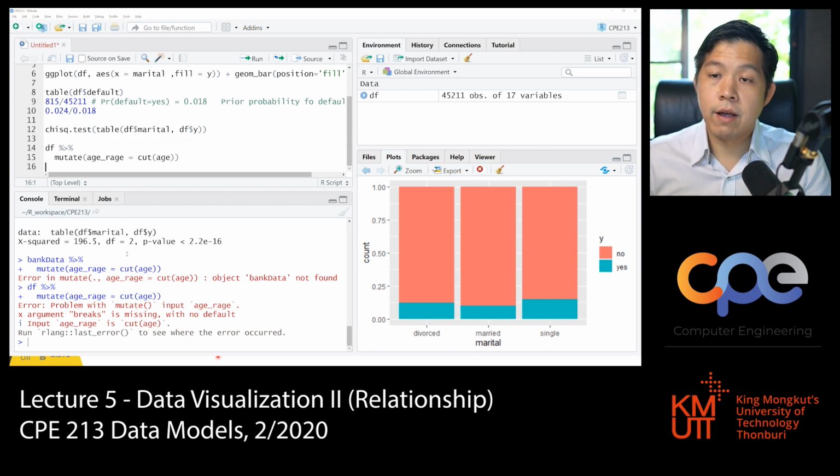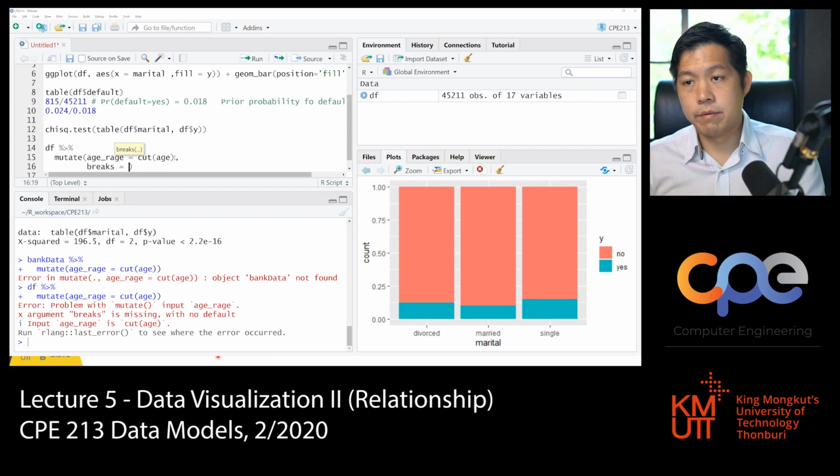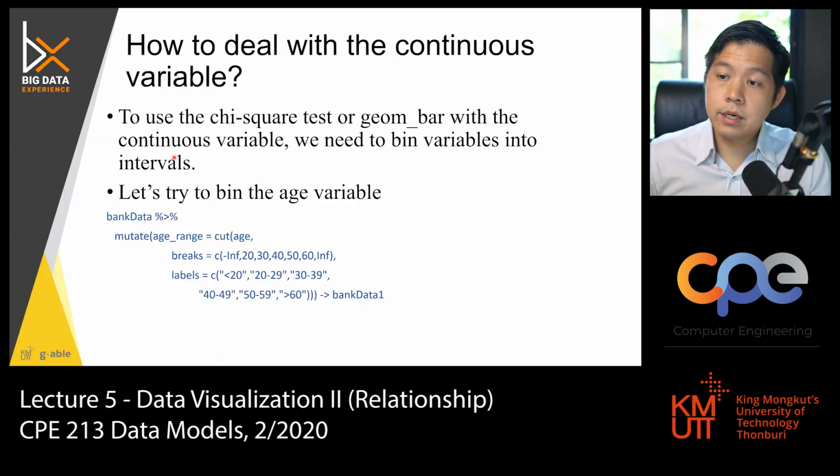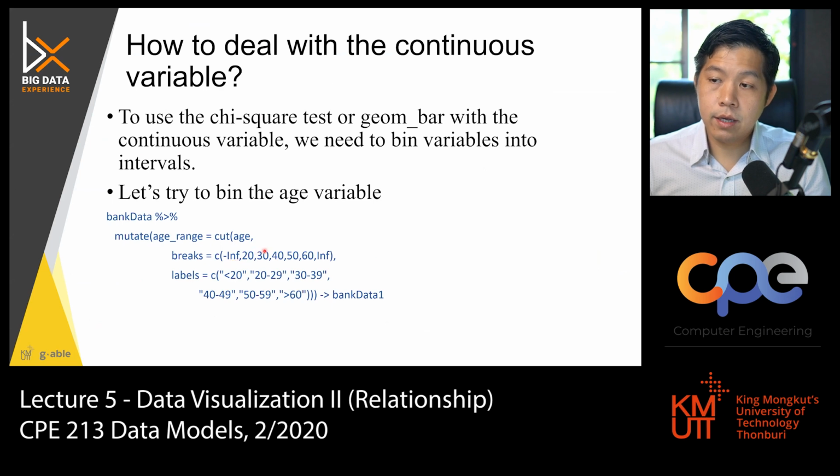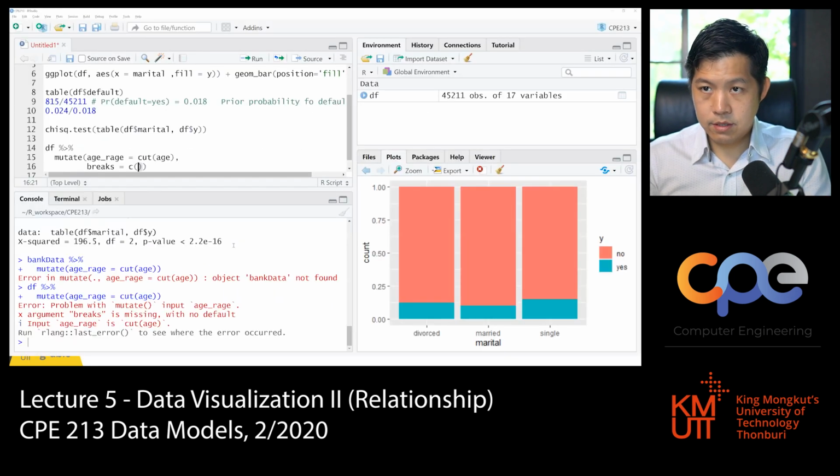I need to specify breaks. What should I do for the breaks? For the breaks here, I use the vector: negative infinity, 20, 30, 40, 50, 60, and then infinity.